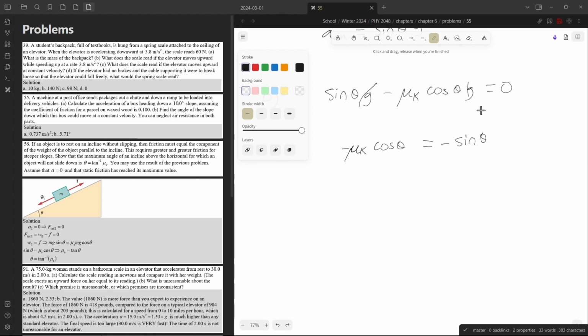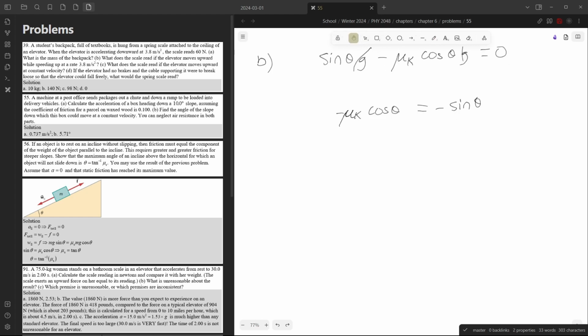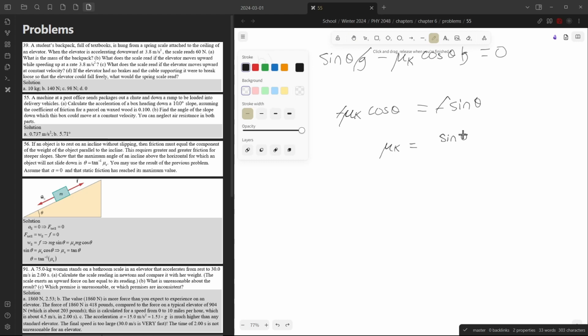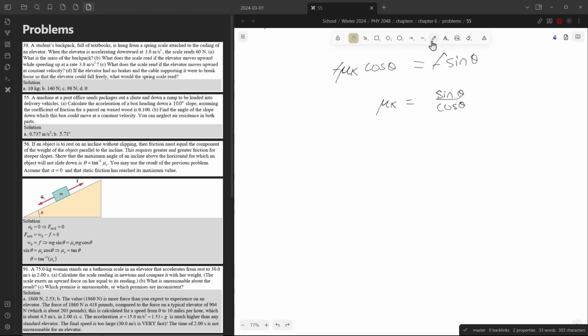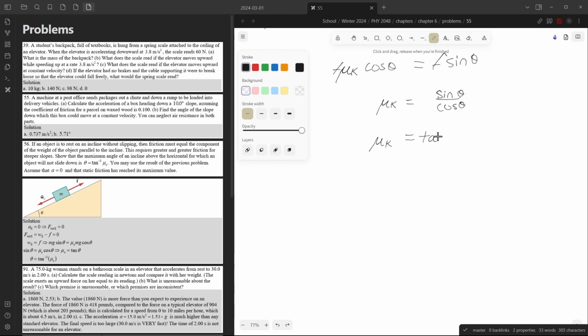Then we can divide both sides by cosine theta, so the coefficient of friction equals sine theta over cosine theta, which is indeed tangent of theta. That's interesting, this coefficient equals the tangent of theta. Interesting relationship.